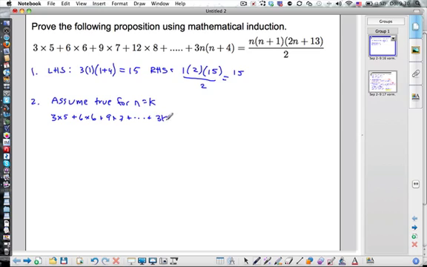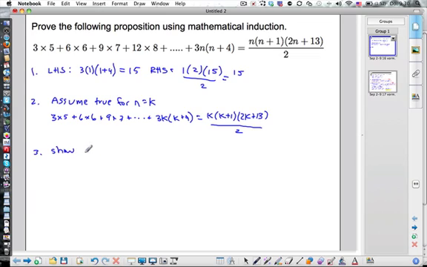So we have 3k times (k plus 4), that we're assuming is k plus 1, 2k plus 13, all divided by 2.